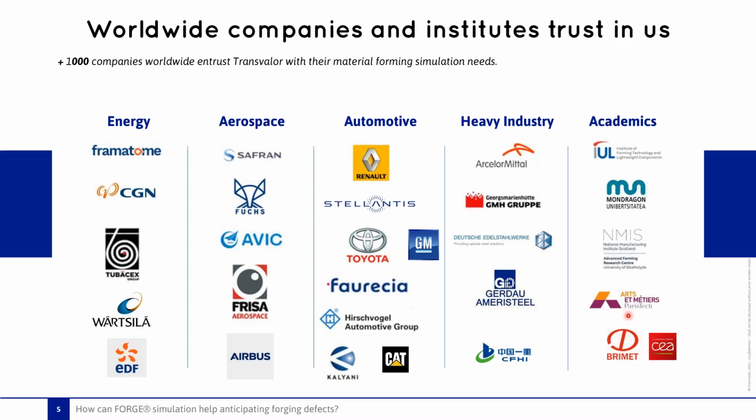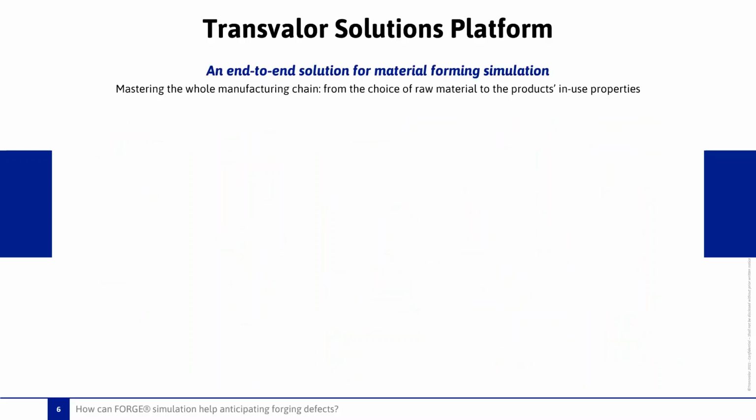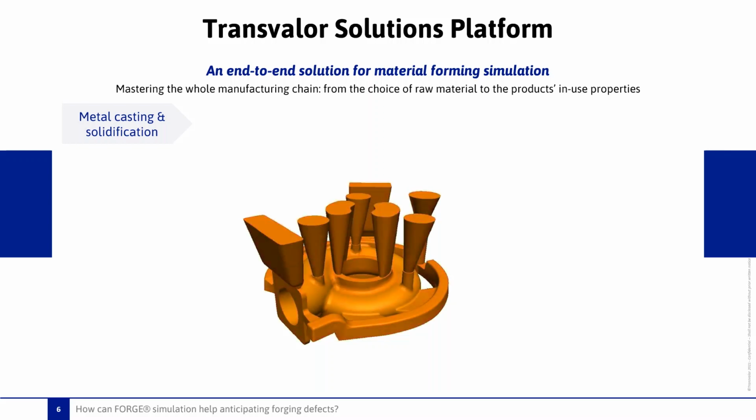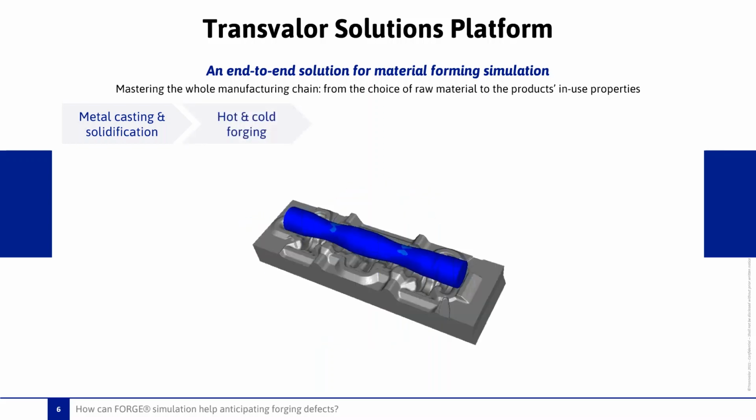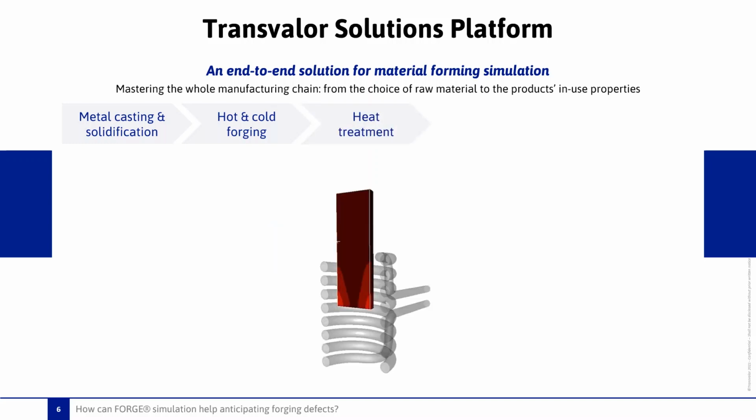For all our customers, we are committed to providing first-class simulation software and services. For those who don't know Transvalor, we propose different products to help you to optimize your processes and increase parts quality and productivity. Our solutions can be used at any step of your production, from the foundry to the forming, until the heat treatment and the fatigue calculation.